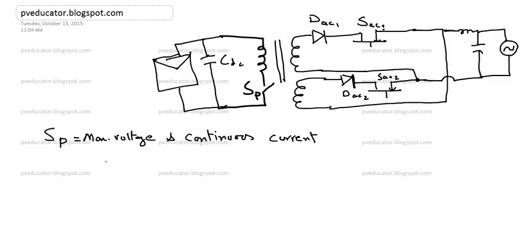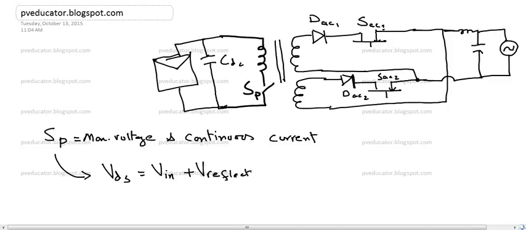Now the maximum voltage of SP, the VDS of this SP, should be equal to V in plus V reflected plus V leakage.